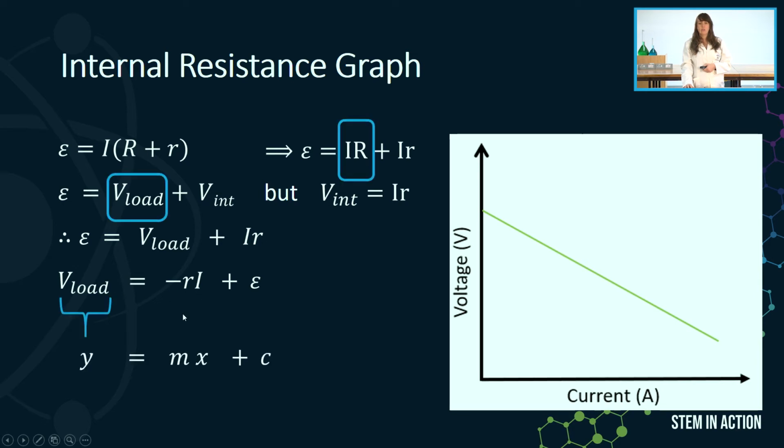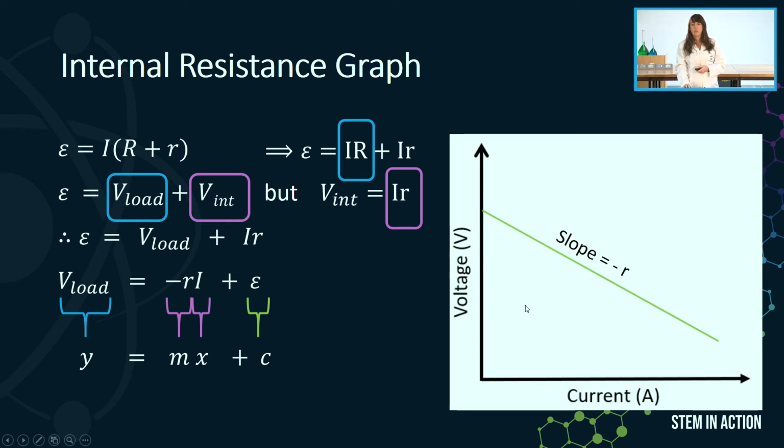Why have I done that? Well, so that I can link all of this together. We can see that V load is on our y-axis. Our negative r is now our gradient, because I is our x, and we also then get that EMF is our y-intercept. So if we go over to the graph and have a look, we know that the slope of the graph is equal to negative r.